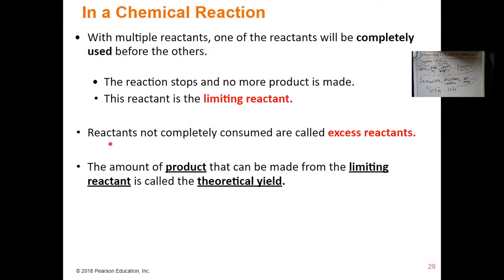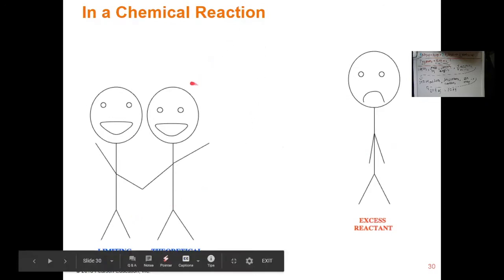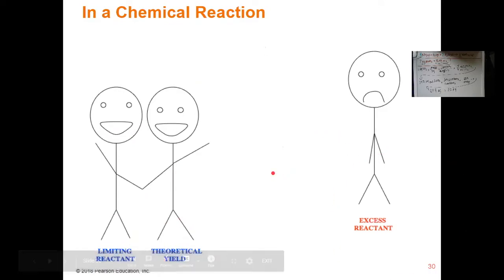Any reactant that is not completely consumed in a reaction, the stuff that still remains hanging out in solution, those are our excess reactants. Again, just a visualization to reiterate the point that your limiting reactant and your theoretical yield go together. Your excess reactant has nothing to do with your theoretical yield.